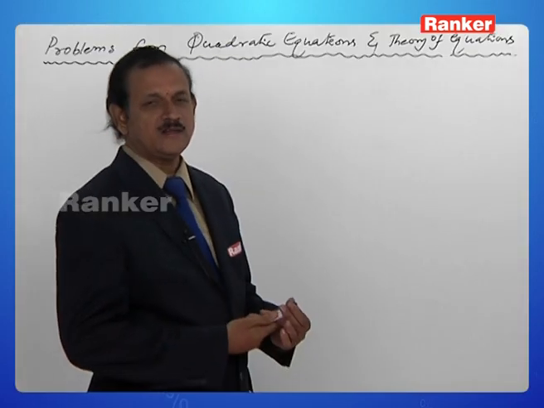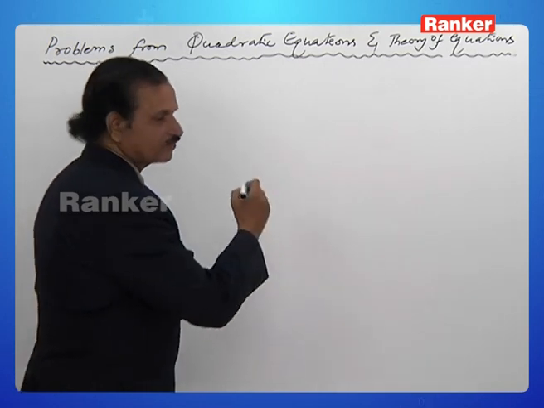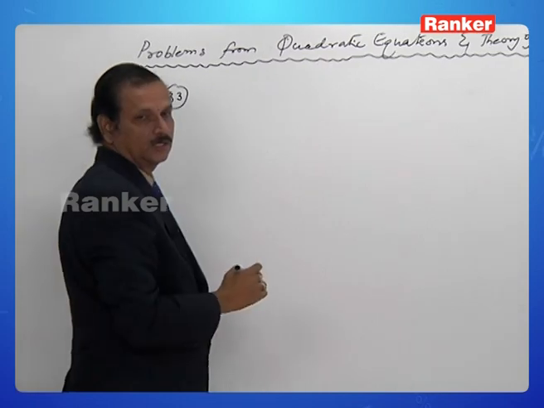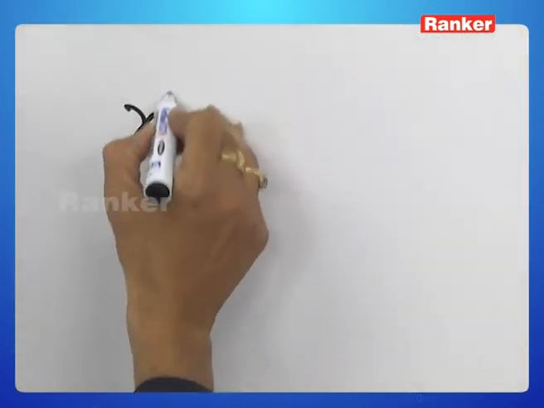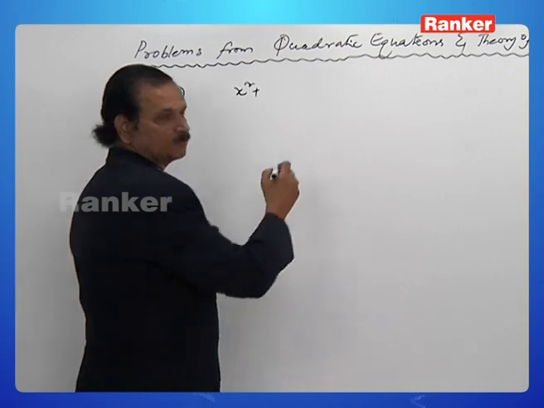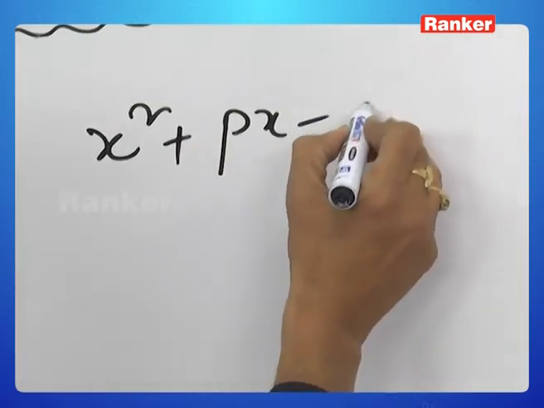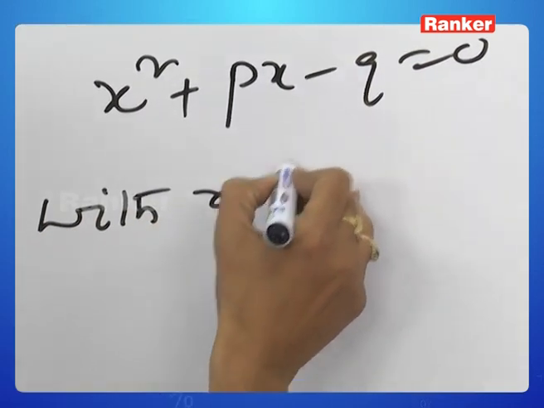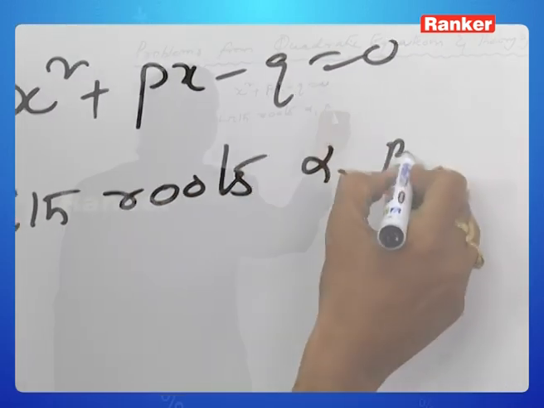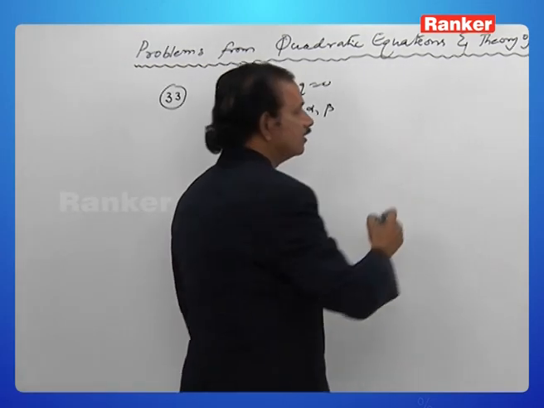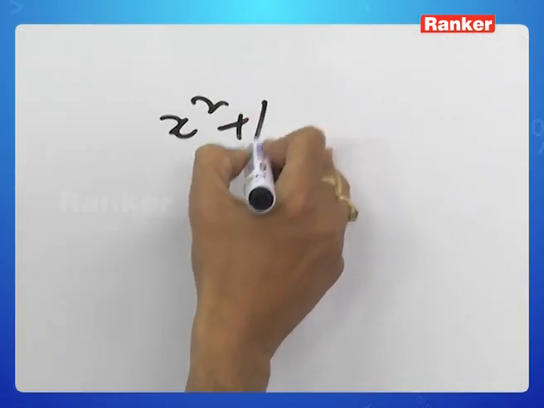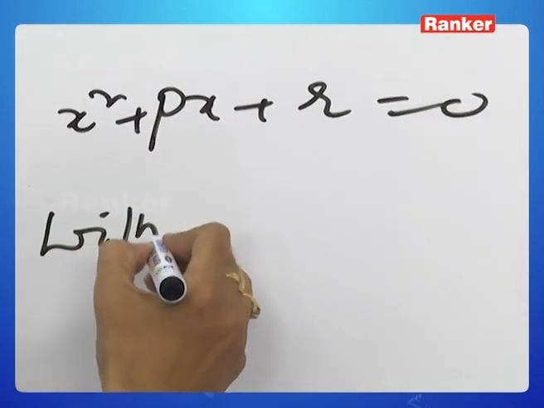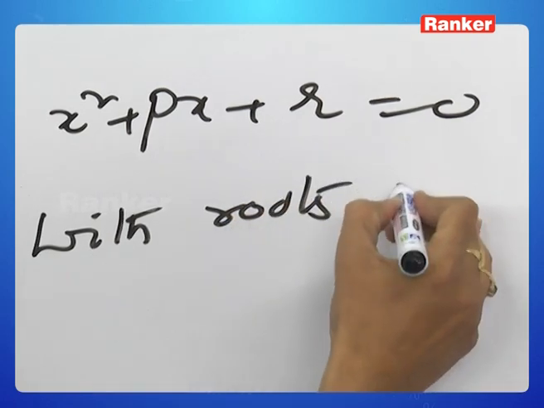Let us see. What are the equations given? This is question number 33, of course. The first equation is x square plus px minus q is equal to 0 with roots alpha, beta. And the second equation is x square plus px plus r is equal to 0 with roots gamma and delta.